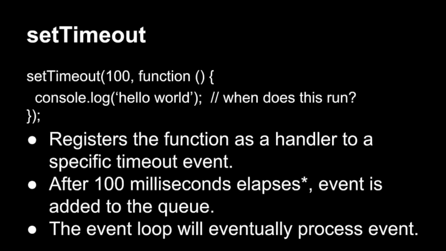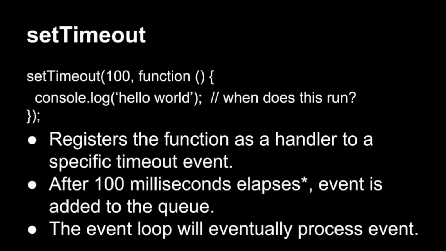So what this does is it registers the function as a handler to a specific timeout event. The idea is in 100 milliseconds, a timeout event will be added to the event queue, and this is registering that function as a handler to that event. After 100 milliseconds elapse, the event is added to the queue. I put an asterisk here because it's not technically 100 milliseconds.